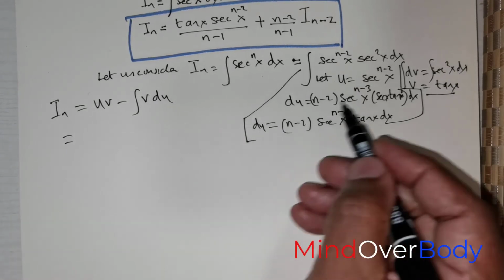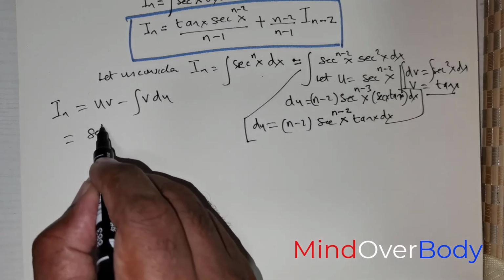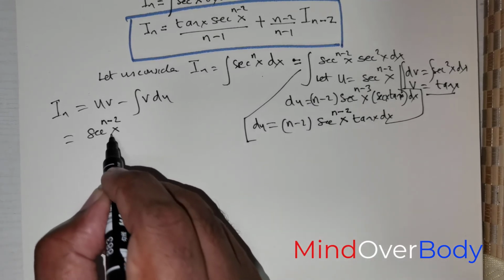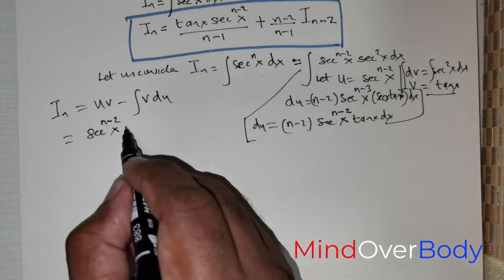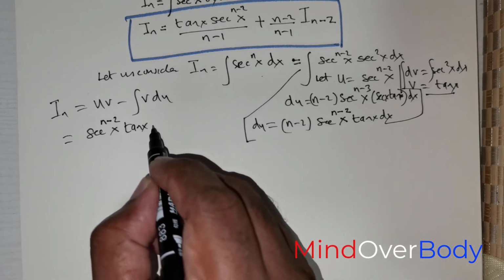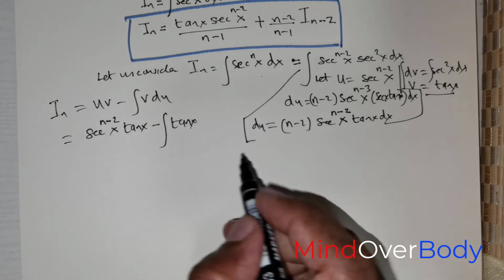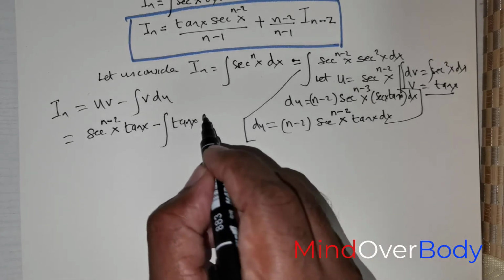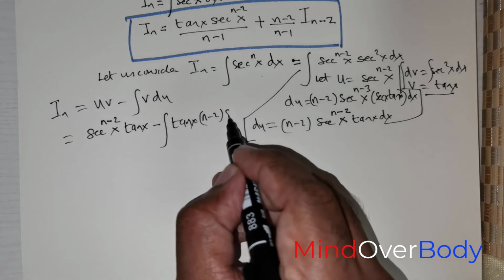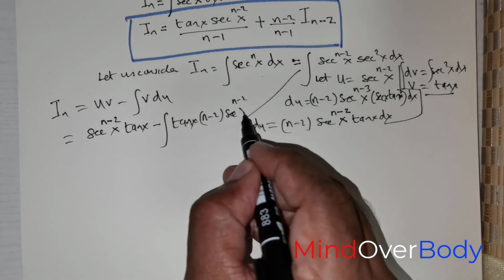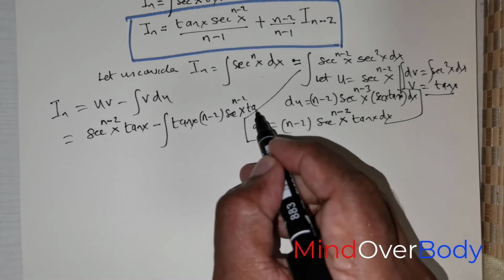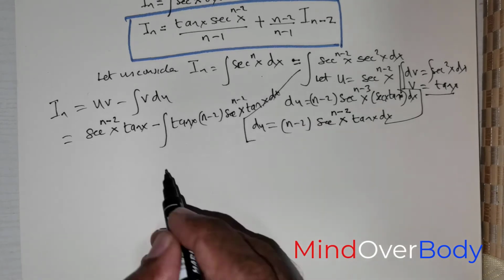So my u is secant raised to the power of n minus 2 x, my v is tan x, and my du is n minus 2 times secant raised to the power of n minus 2 x times tan x dx. So let me rewrite it like this.